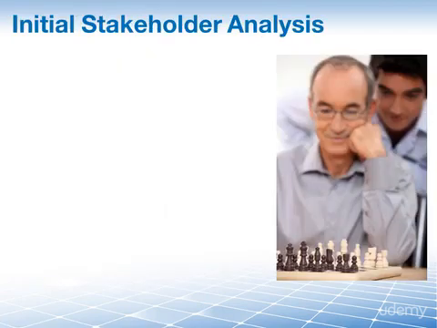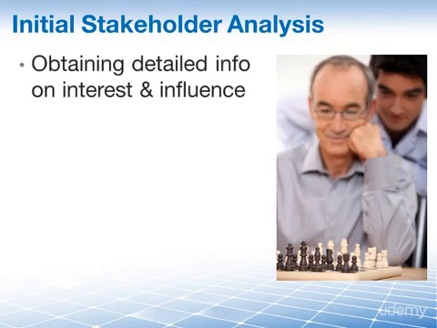The analysis of stakeholders on a project also consists of the initial and ongoing stakeholder analysis. The initial stakeholder analysis involves taking the basic information contained in the initial stakeholder register for each of these stakeholders we have and analyzing it in further detail.